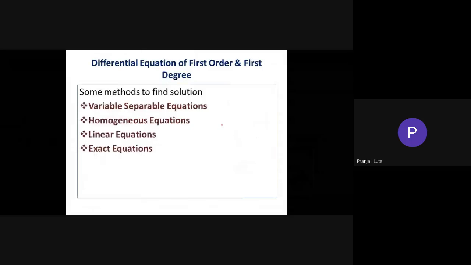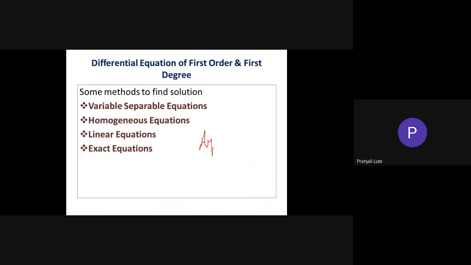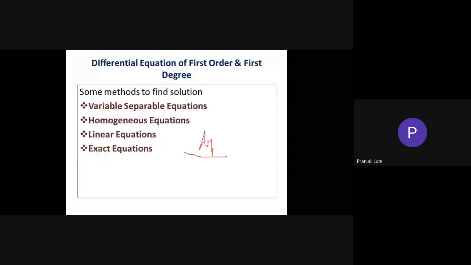For example, suppose your differential equation is dy by dx. So dy by dx means the order of that differential equation is 1 and the degree is also 1. So that differential equation is called first order first degree.